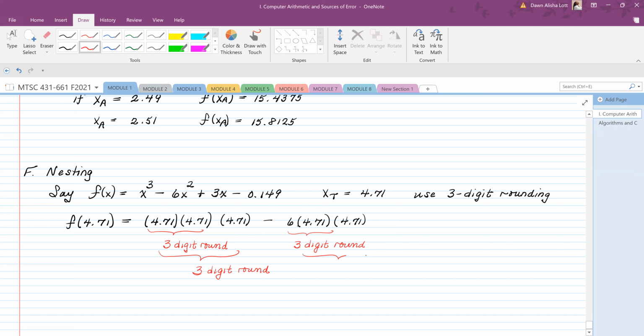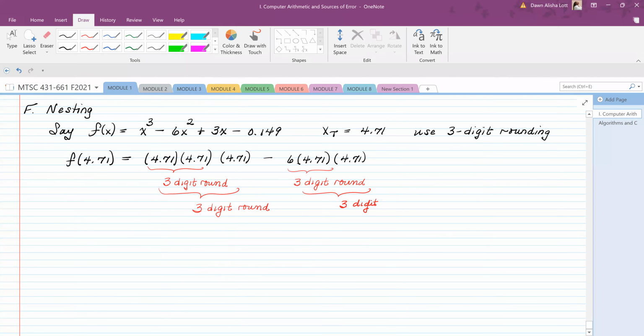You guys get the gist. But nesting of polynomials makes it so that we're able to maintain or keep more information.